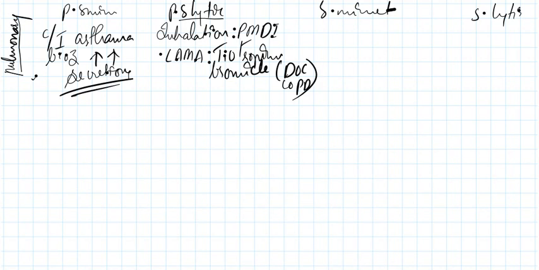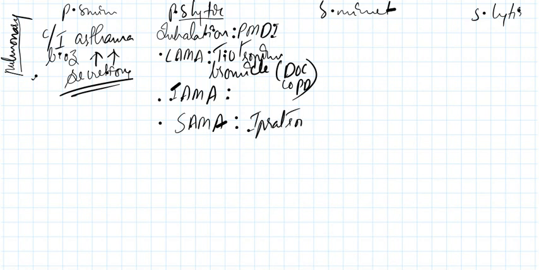Now there are some other long acting muscarinic agents like umeclidinium and revefenacin. Okay. Now if you ask me intermediate acting muscarinic agents, it is aclidinium. Now if you ask me short acting muscarinic agents, it is ipratropium bromide.